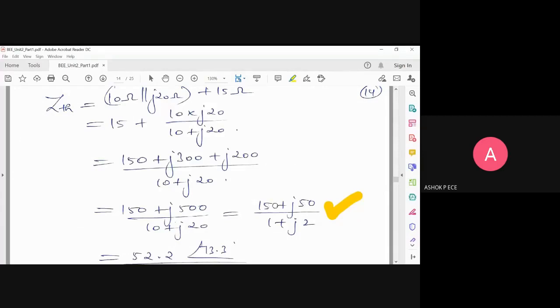Is everyone getting this answer? 15 plus J50 by 1 plus J2. Final answer after simplification. When you have complex numbers, it might take some time to reduce the complex terms.